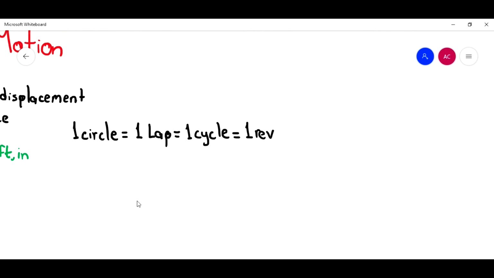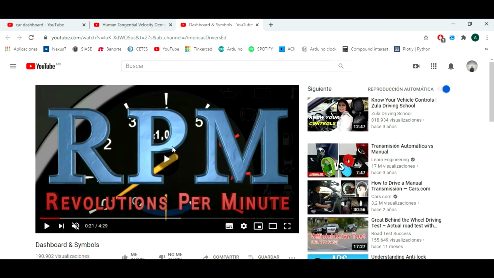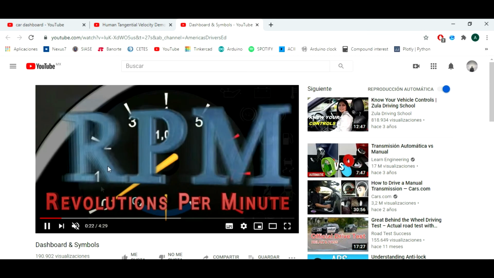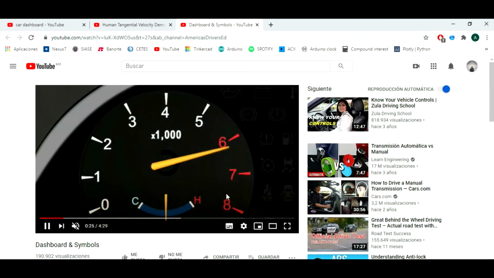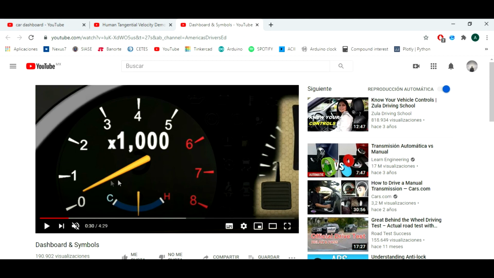This concept of 1 revolution, you can see it in the dashboard of cars. Revolutions per minute is a measure of angular velocity. A revolution is 1 lap, 1 circle. In this case, the motor of the car travels 1,000 revolutions in 1 minute.